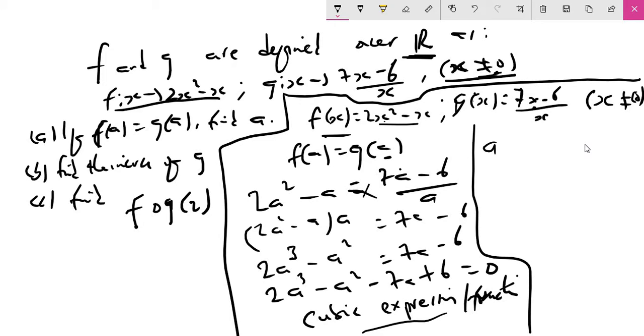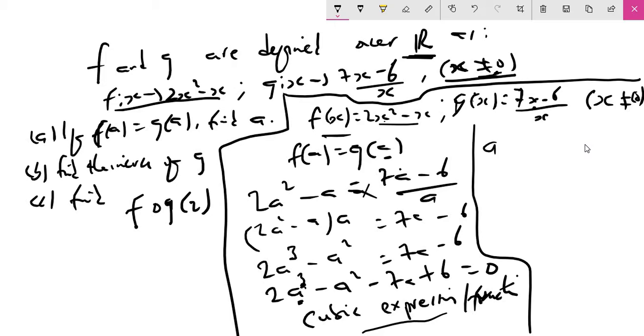The rule for these polynomial functions is that the highest power of the variable represents the number of possible values of a that satisfy this equation. So that means there are 3 values a can take to satisfy this equation.